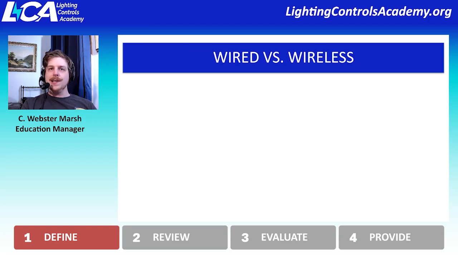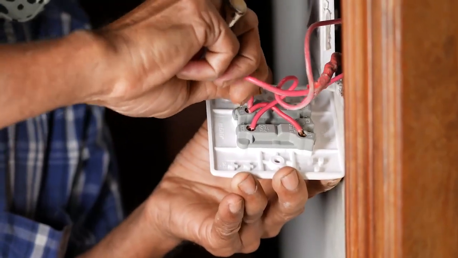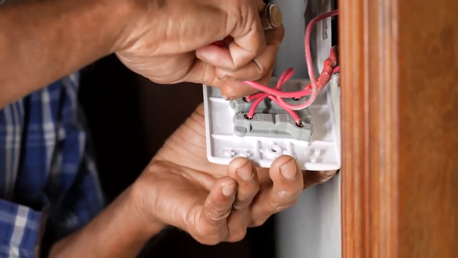So when we're looking at the difference between a wired or a wireless system, the very first thing that we want to think about is that communication channel and how stable it is. The reason we might want to use wired is because it has that stability and is very resistant to any kinds of interference. But the problem is that it's pretty labor intensive and takes time to install.